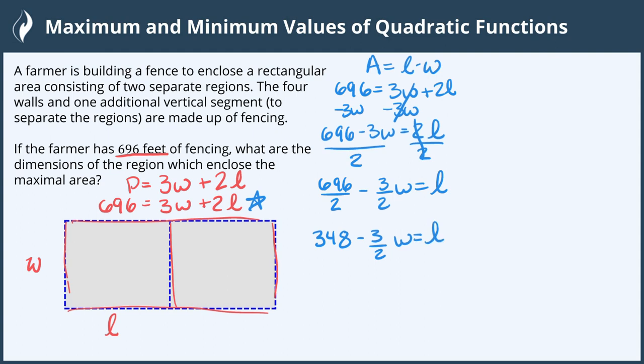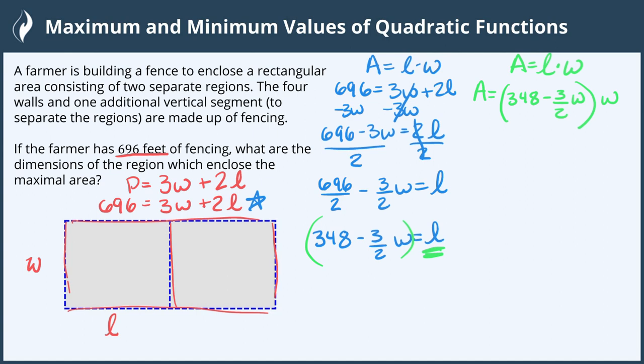Now the important part of that is that I have an L in terms of W so that I can substitute it into my area formula of length times width. So I have the area equals the length, which we just found, is this entire thing here, 348 minus 3 halves W, and that's L. And now it's being multiplied to the width.